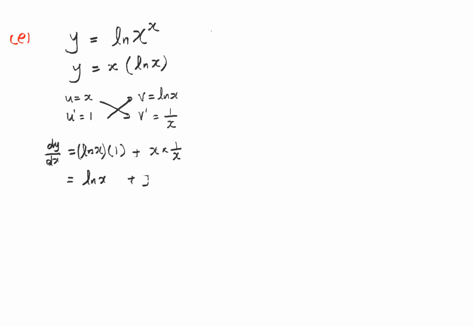Before we go to part F, can I add a question to this? I add a question, okay? So you all can continue. If I say find the equation of tangent at x equal to 0, is it possible?